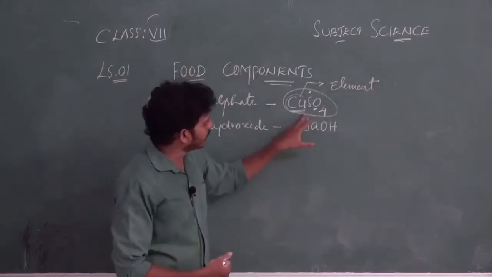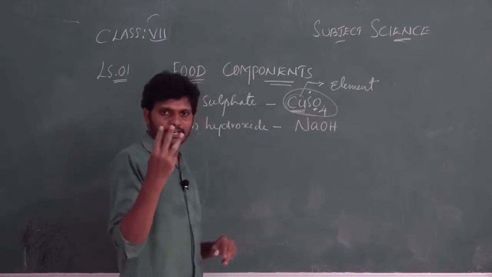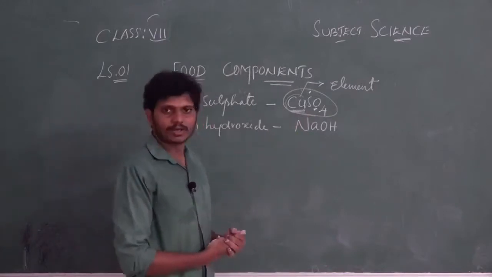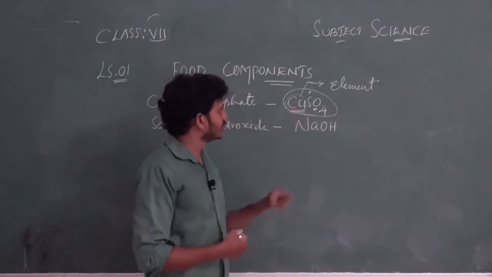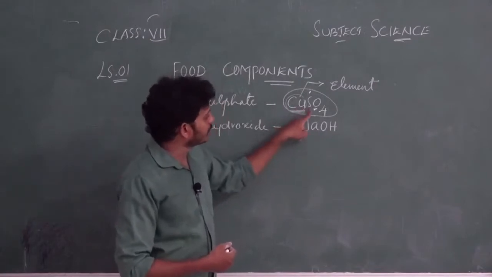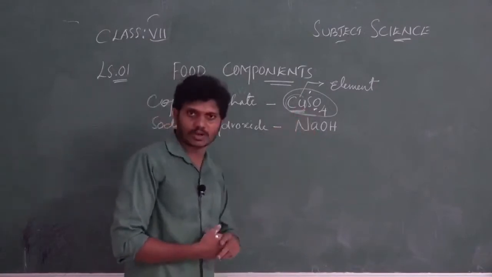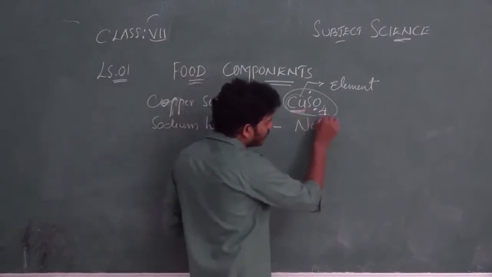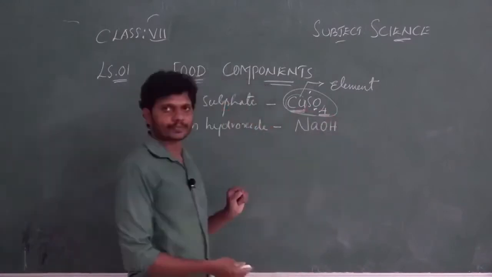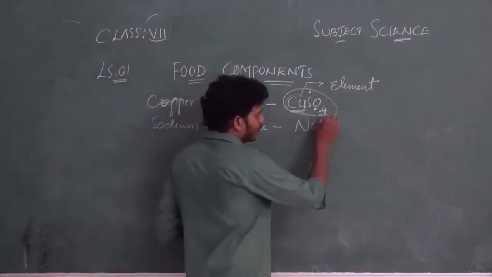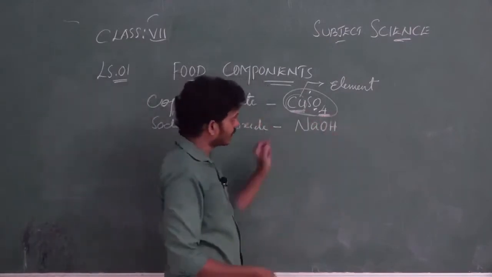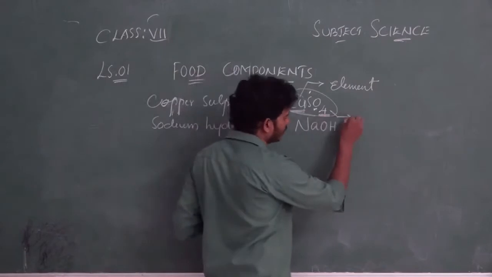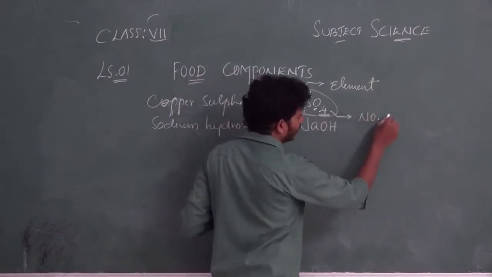How many different elements are combined here? 3 different types of elements are combined. Which are the 3 different elements? Copper is one element, sulfur is the other element, and the next one is oxygen. And the number which is present here is a subscript. This number gives information about the number of atoms.